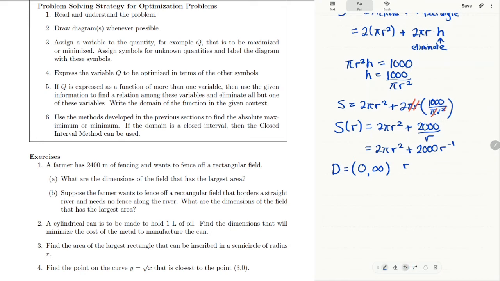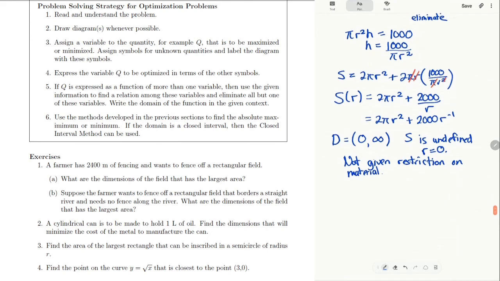Okay, so the function S is undefined at 0. So we will exclude 0 from our domain. And we are not given a restriction on the material. And so the radius can be as large as we like. And so our domain is from 0 to infinity.